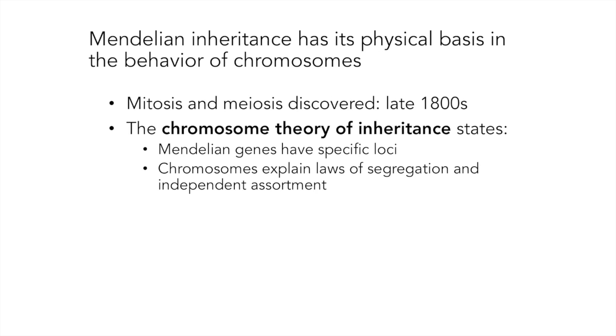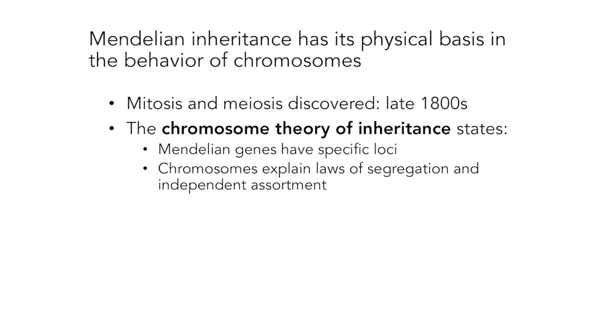So Mendel didn't know a lot about what was happening at the molecular level. He wasn't looking for those kinds of things. He was looking at macroscopic things, things he could observe and count with the naked eye. And in fact, nobody really knew about mitosis and meiosis in Mendel's time. It wasn't until he was a very old man, or after his death, that mitosis and meiosis were identified, and the processes of cell division were able to be seen through the microscope.